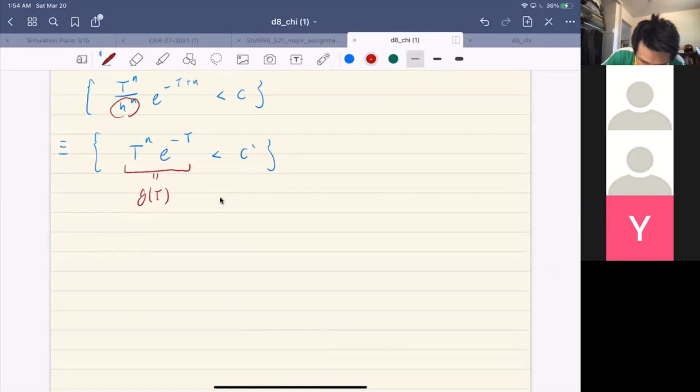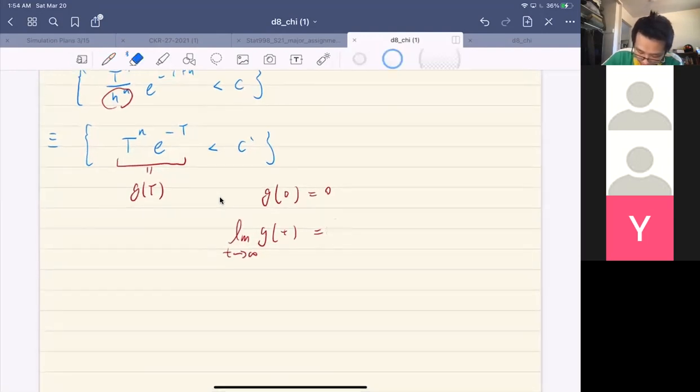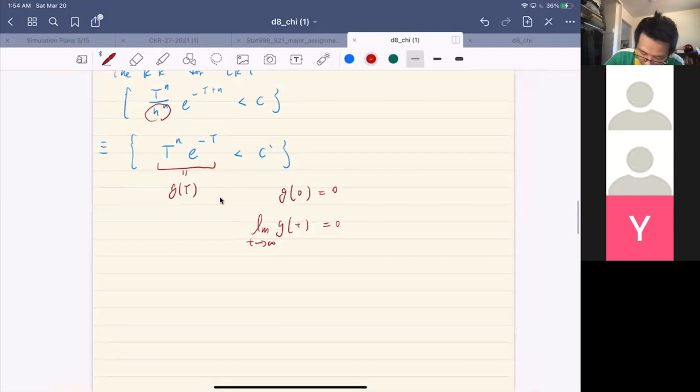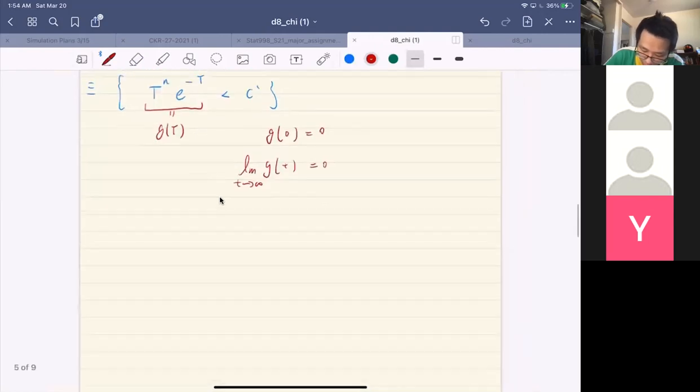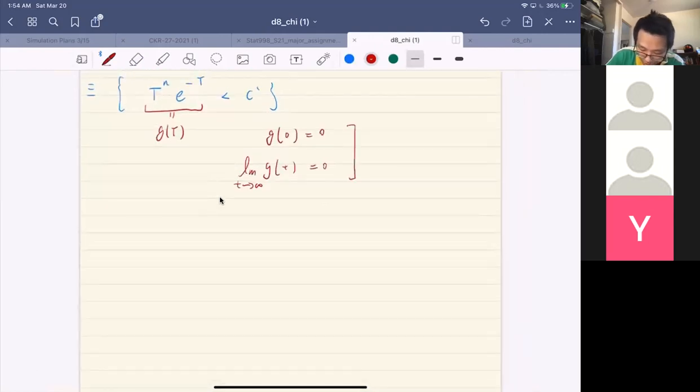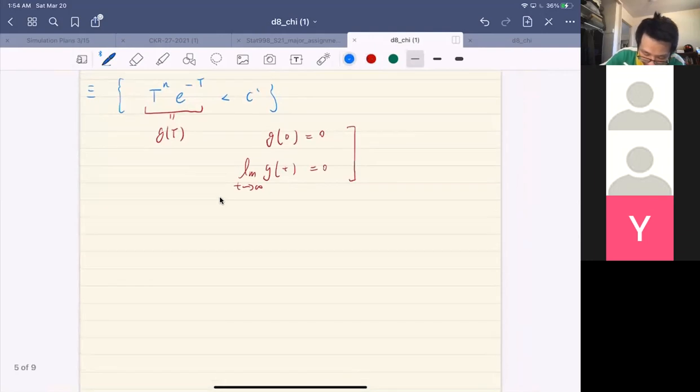You can see that G at 0 will be 0, and G as t goes to infinity will also be 0. So we only have to figure out what happens in the middle. So let's find the first derivative of G.